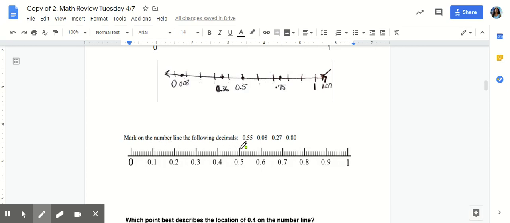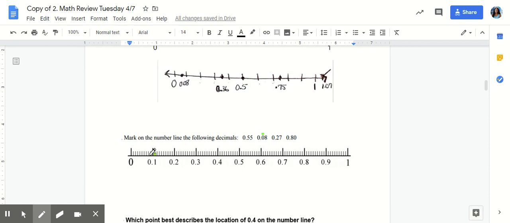Next, mark on the number line the following decimals: 55/100, 8/100, 27/100, and 8/10. So all my decimals on my number line are by tenths already. So I know that my hash marks in between are going to be by tenths. So I'm going to start with my number that's closest to 0, 8/100.